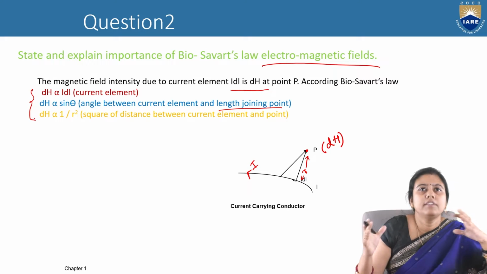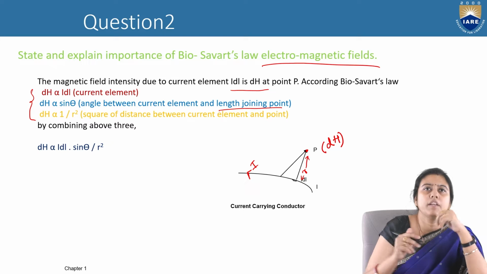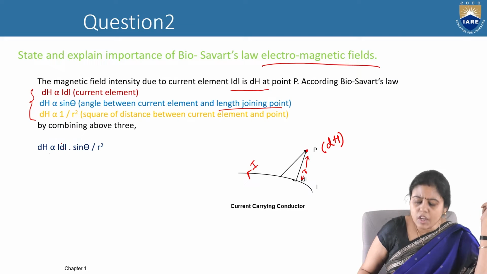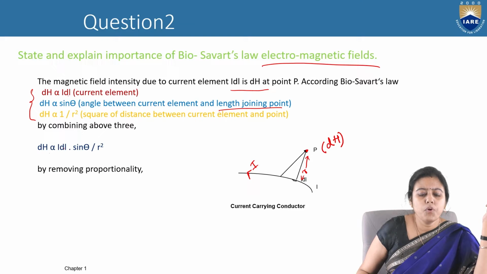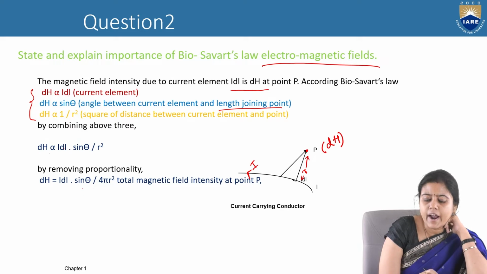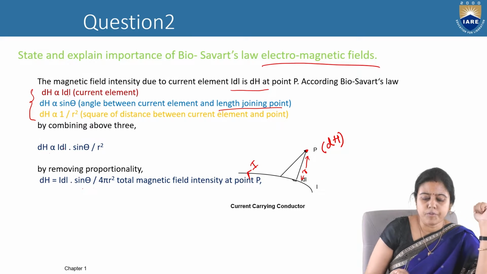Now if we combine these three, we will get DH is equal to IDL sin theta by R square. If we want to remove the proportionality constant, we will get IDL sin theta by 4 pi R square, where 1 by 4 pi is nothing but the proportionality constant.